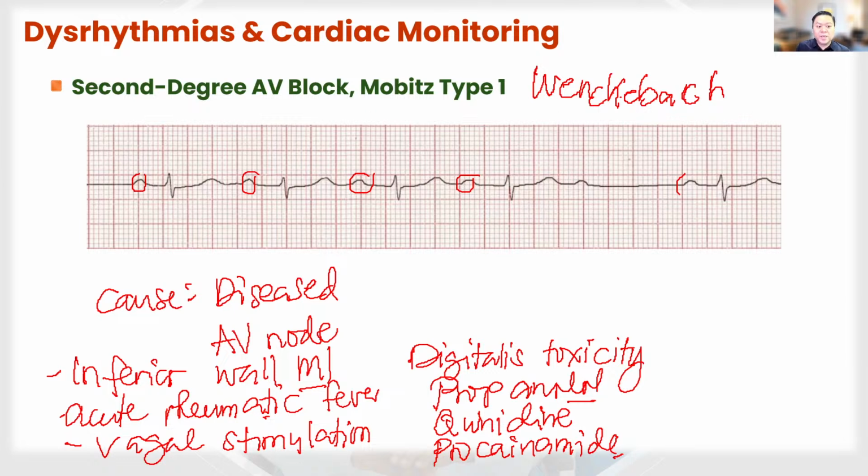However, it will become progressive. There is going to be a progressively shorter R to R interval. So after several cycles here, there's going to be a missing QRS complex. So take a look into this. There's a missing QRS complex.